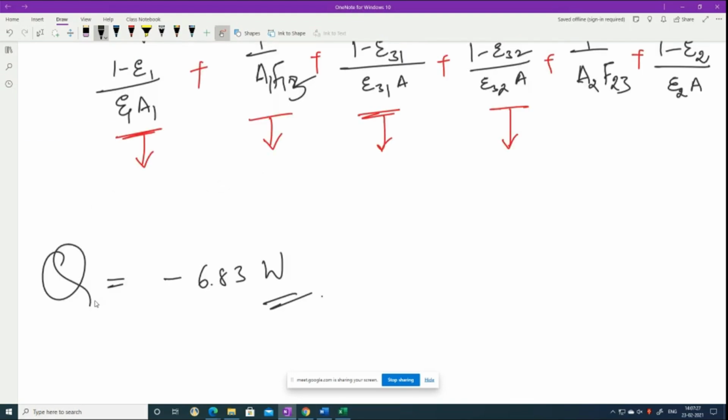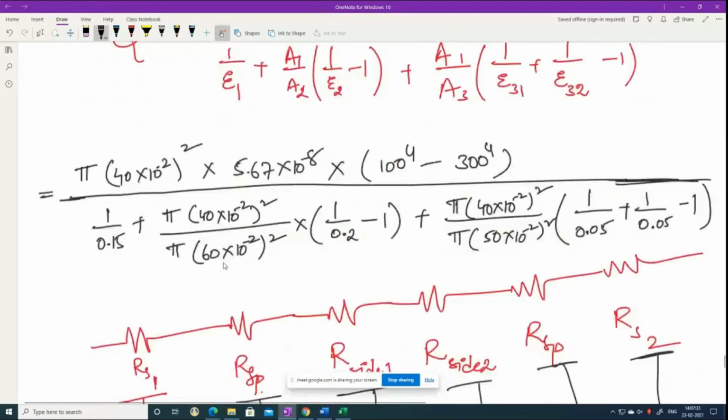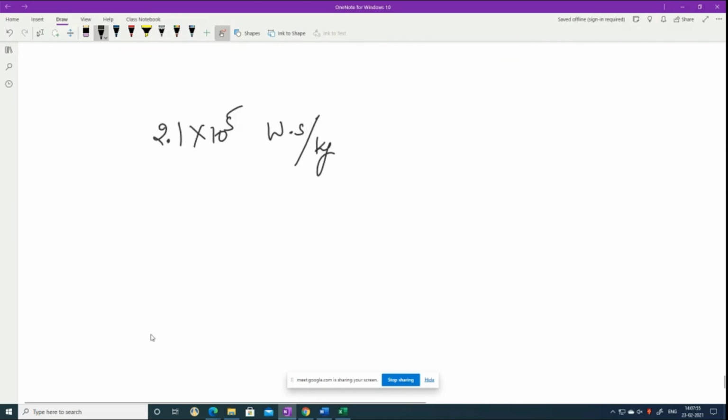Apart from this Q, he is also asking something else in the question. Find the rate of evaporation. How do you do this? He has given 2.1 into 10 to the power of 5 watt second per kg. So what is asked is kg per second. So the reverse of this is asked. So you multiply this 6.83 with this one, then you'll get it.